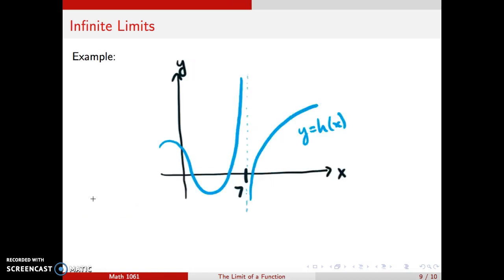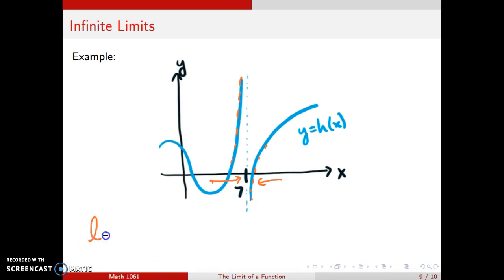And here's the third case, and this is kind of the bad case. It doesn't have to be infinite on both sides; one side could be infinite and the other side not. But this is a situation where from the left, it increases without bound. From the right, it decreases without bound. So the left and right-sided limits aren't the same.